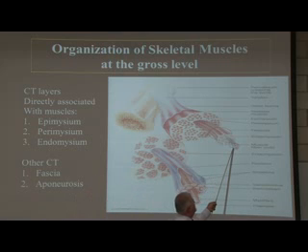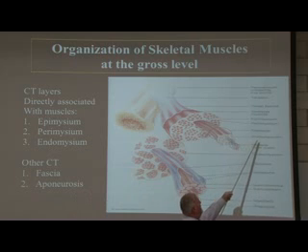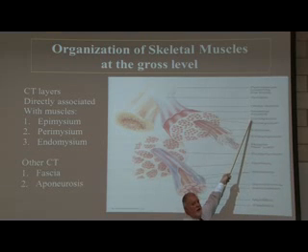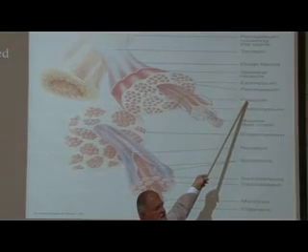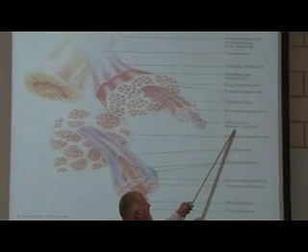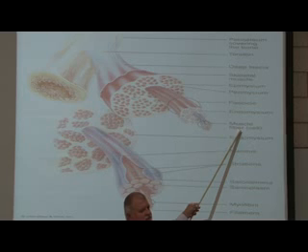So each muscle cell itself is surrounded by an internal membrane called the endomysium. So epi surrounds the entire muscle, peri surrounds fascicles, endomysium surrounds muscle cells or muscle fibers.